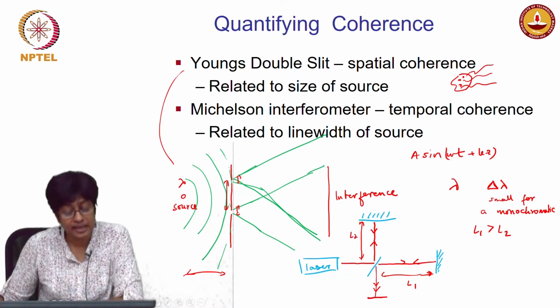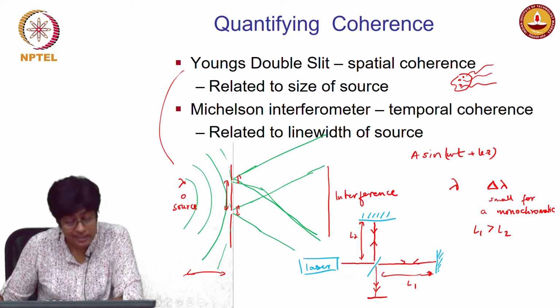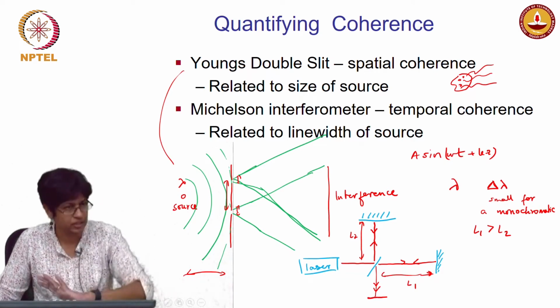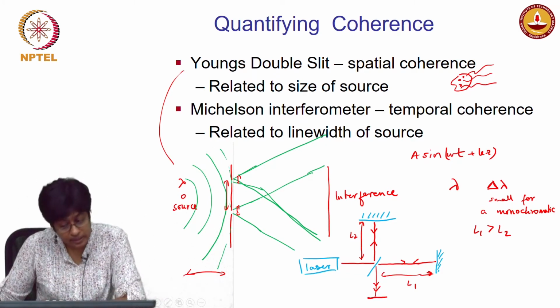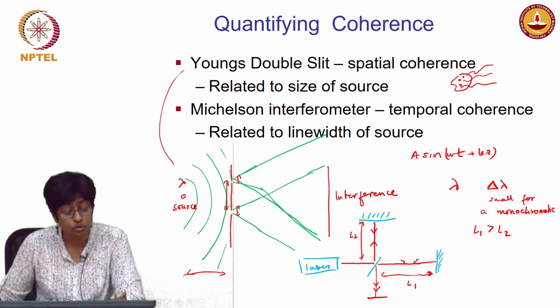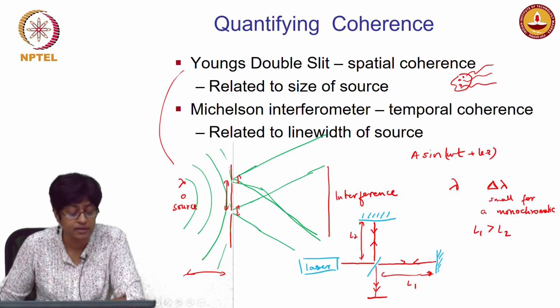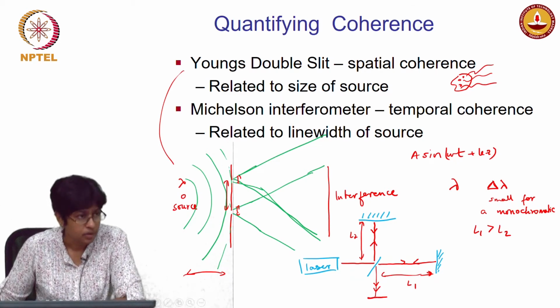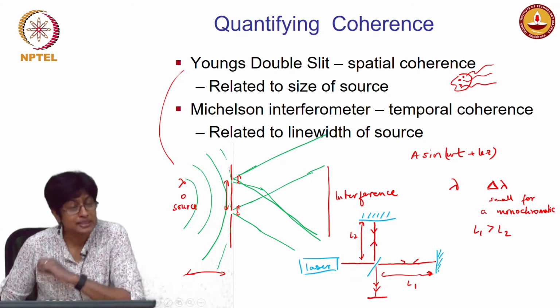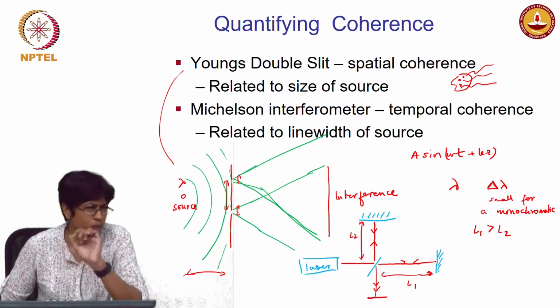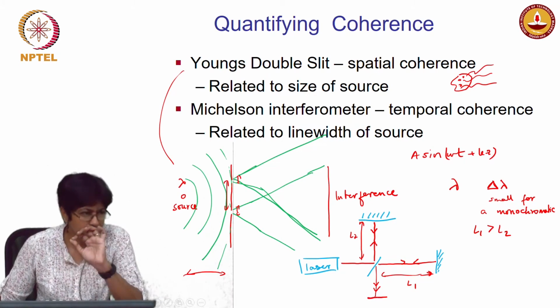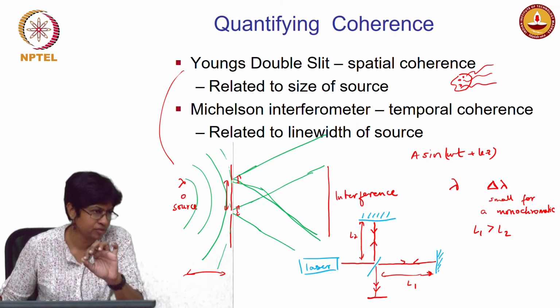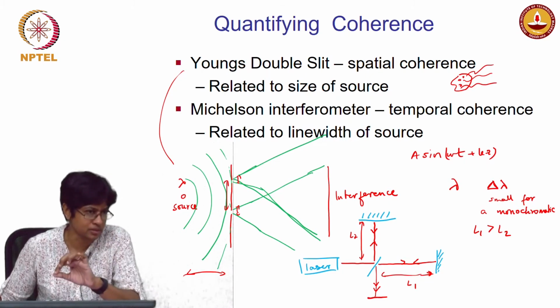So we relate the spatial coherence to the size of the source and the spread of the emitters, and we relate the temporal coherence again to the different emitters, but to the specific fact that they have a large line width. So typically a source with poor spatial coherence will usually also have poor temporal coherence.